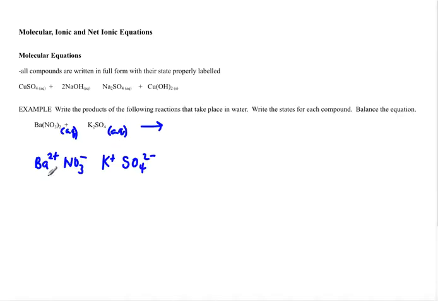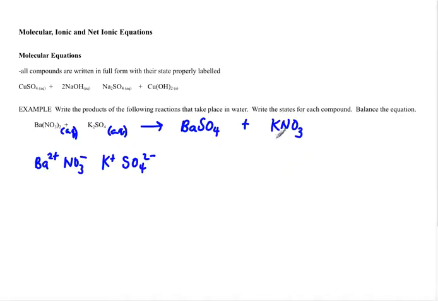So for a double displacement reaction, the barium is going to combine with the sulfate, and with the 2+ and 2- charge, they're in a 1-to-1 ratio, and we make barium sulfate. My second product is made with potassium and nitrate, so in a 1-to-1 ratio, we write KNO3.